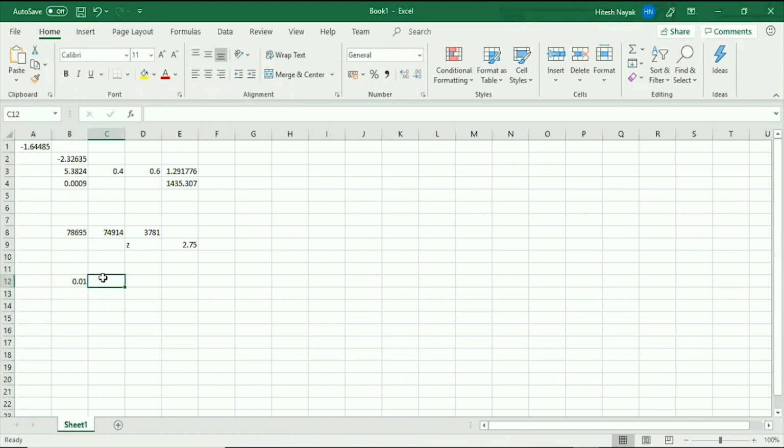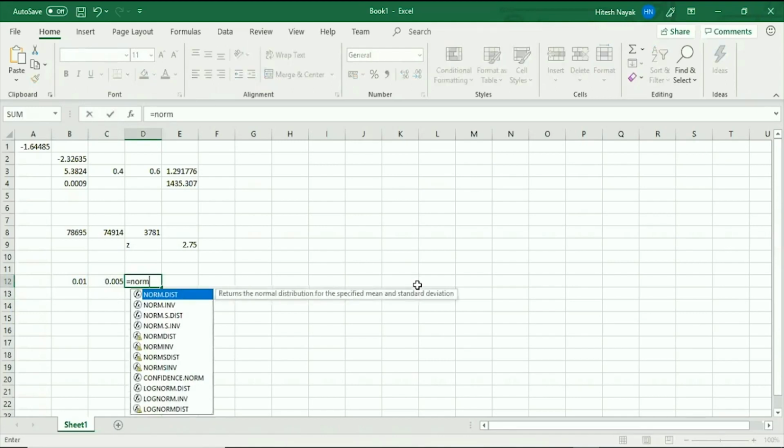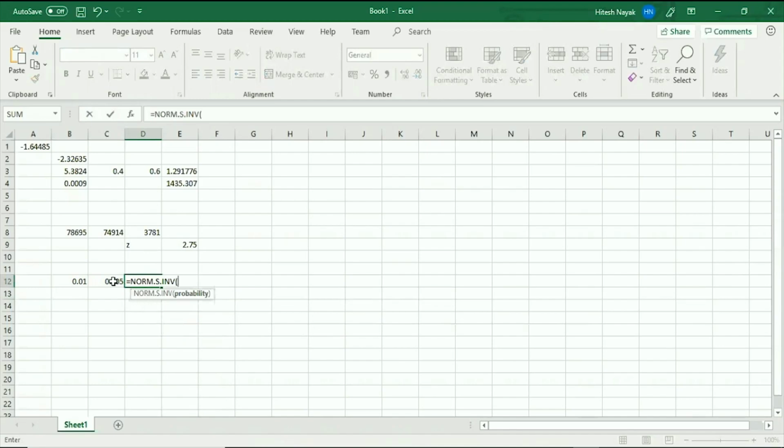Correct? Now, what is alpha by 2? 0.005. Correct? And the value is coming to be 2.575.